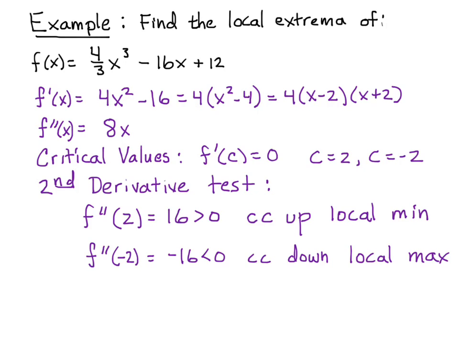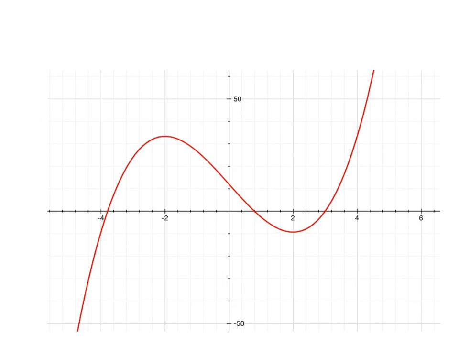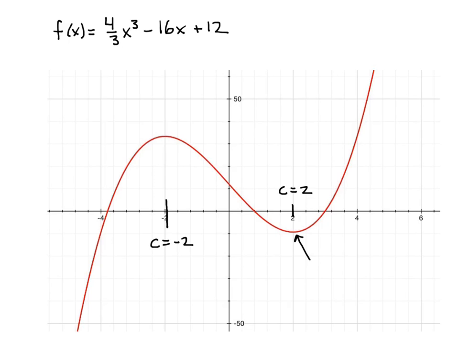Okay, so perhaps if we visualize this, or we look at a graph of this particular function, it'll make it a little bit more clear. So here's a graph of the function, and you can see where we have the critical values. That's where the derivative is going to be equal to 0.